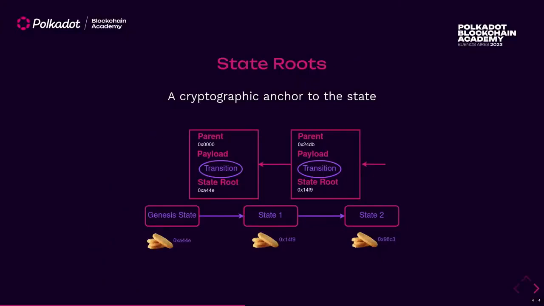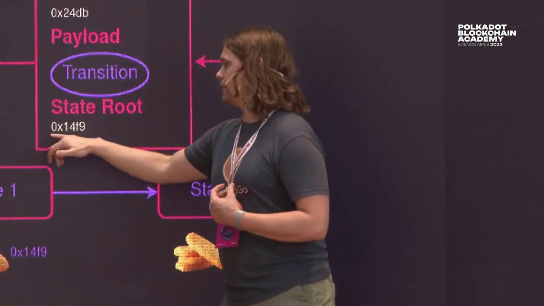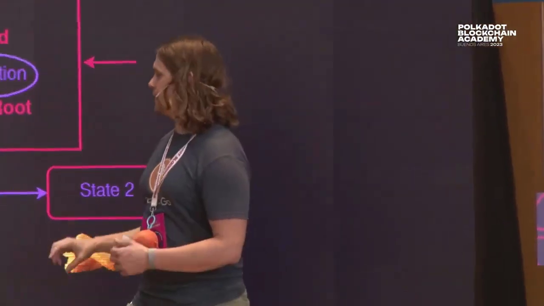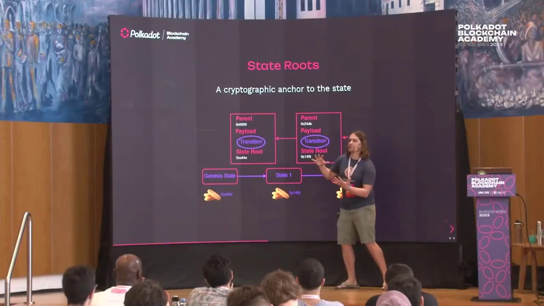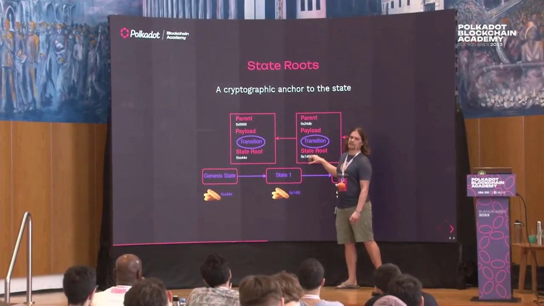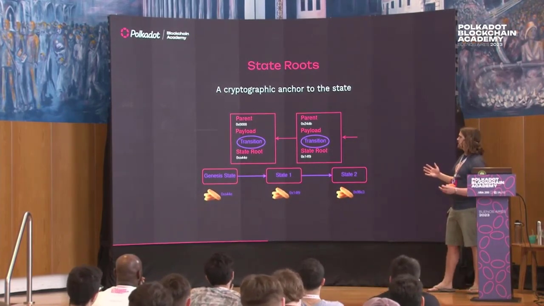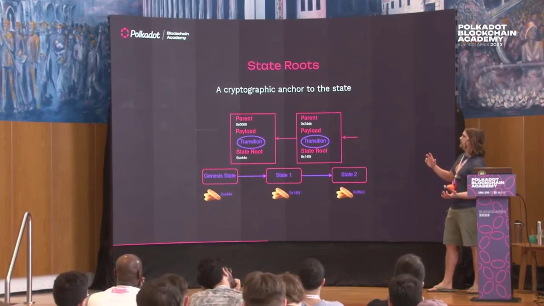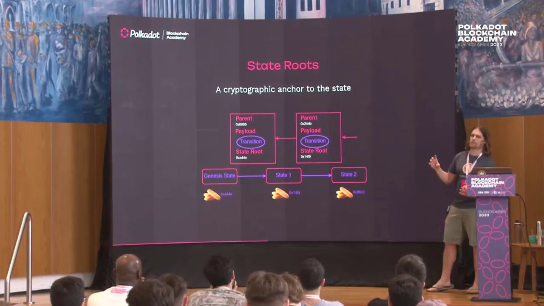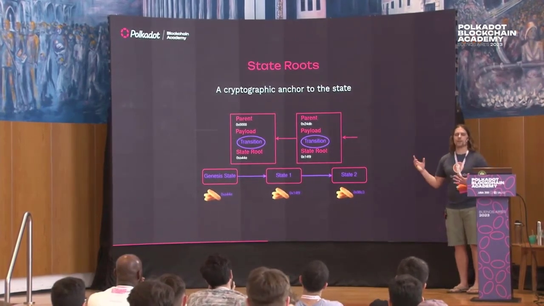But at a slightly higher level of abstraction, you can think of this as any kind of cryptographic fingerprint. What you could do that's a little less performant would be to take the entire state and hash it and put that hash in here as the state root. The Merkle tree idea is a little bit better in practice, but the idea is that whenever you see some state and you say, okay, I think this is the state that goes with block 10,000 or whatever, you can just check.